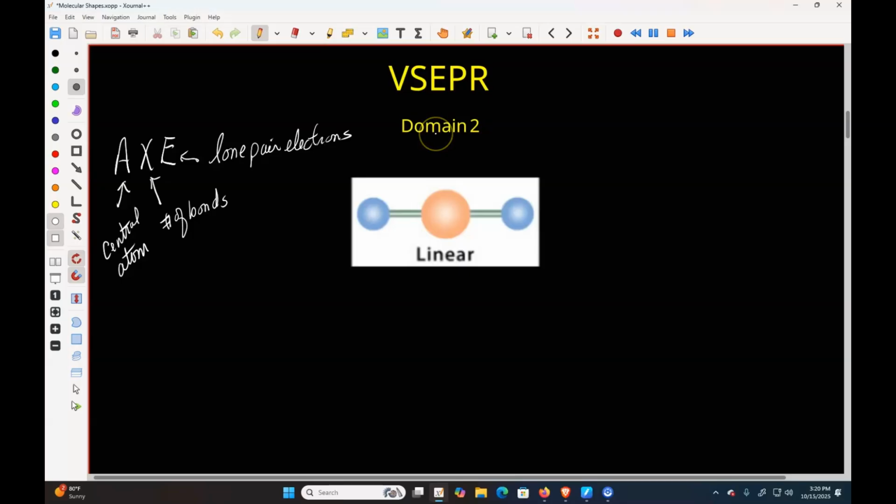Our simplest one here is domain 2. So a domain 2 would be AX2, which means I have a central atom and then 2 bonds.